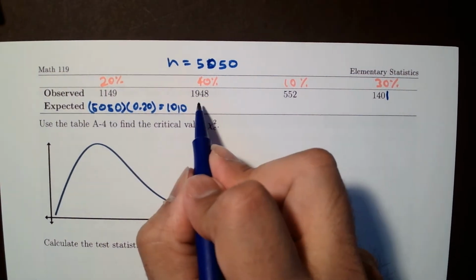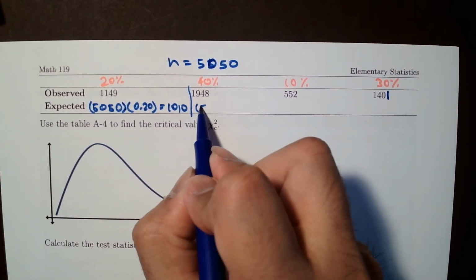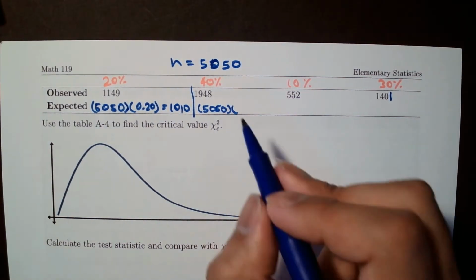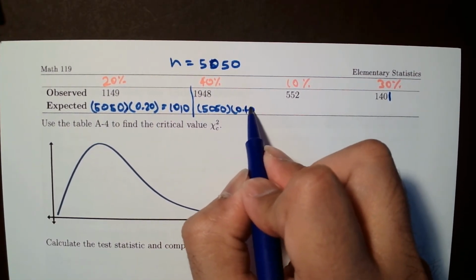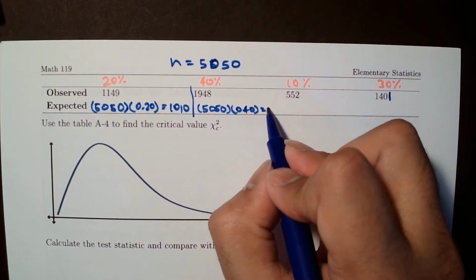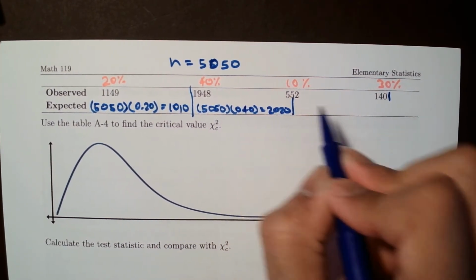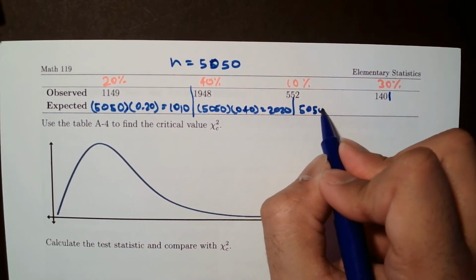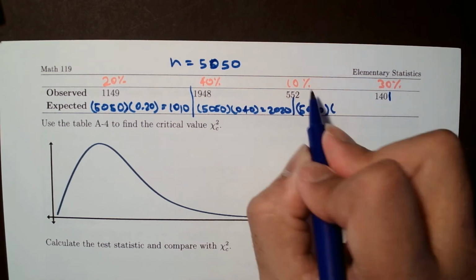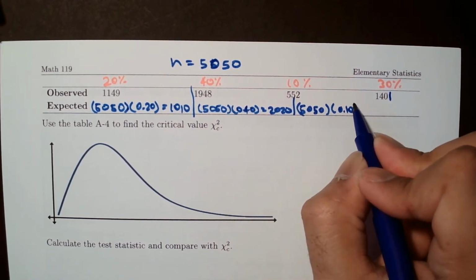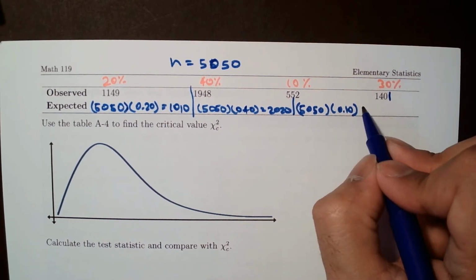which equals 1010. For the second case, 5050 times 0.4, which equals 2020. For the third case, 5050 multiplied by the 10% for that category, 0.10. That's going to give us 505.